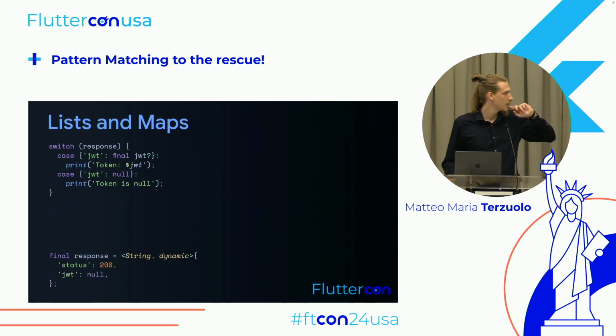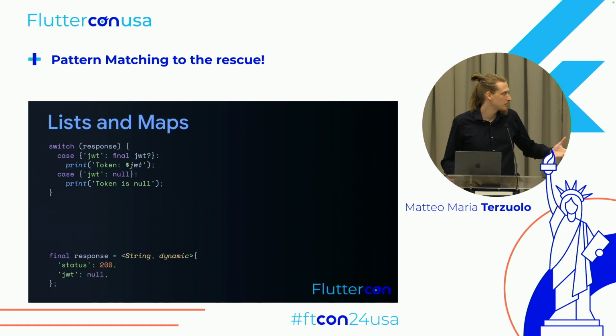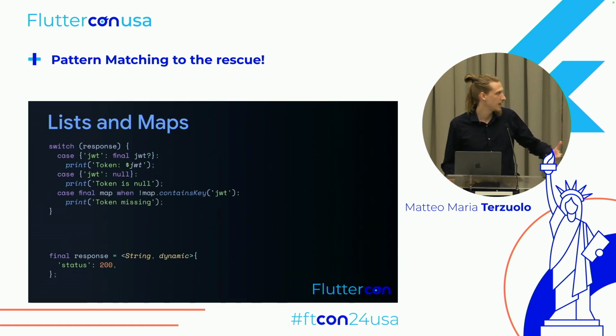Because in the first place the value is actually null, and in the second case it's not contained inside the map, but we are also getting null as a value if we try to access the JWT. So those two cases are actually different, because in the first place we are checking if the JWT is actually present, but its value is null, and the second one is actually checking if it's not present in our map.